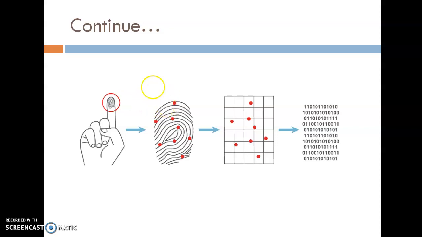So when the fingerprint is scanned with the scanner, there are capacitors, or sensors, inside the scanner. Where there is a ridge, at that position a dot is generated, which means the capacitors are in working mode.